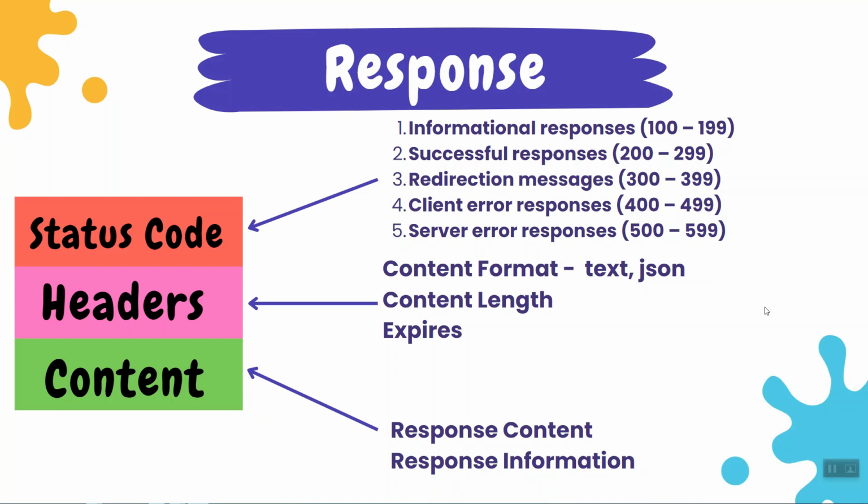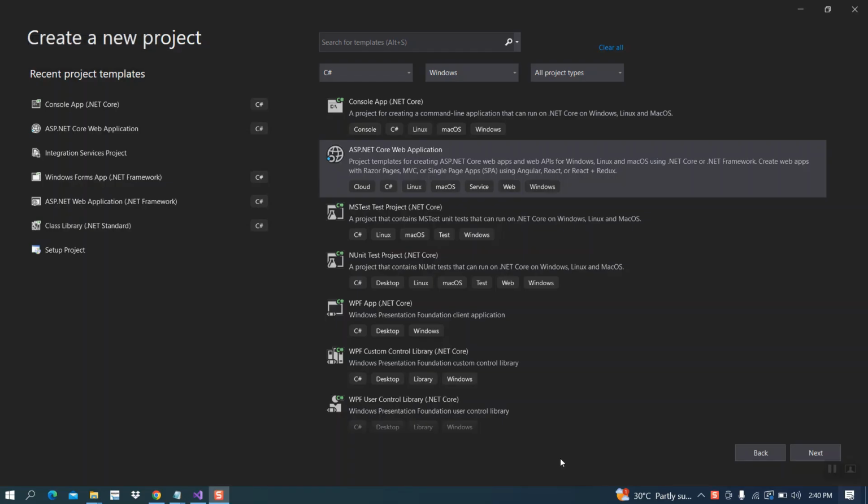Now let's see how we create our API project practically. Open your Visual Studio and let's create a new project. Here I am using Visual Studio 2019. Here you will see ASP.NET Core Web Application. Select that one and click on the Next button.